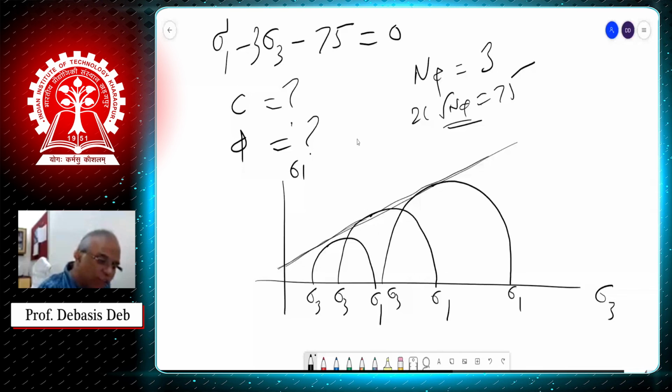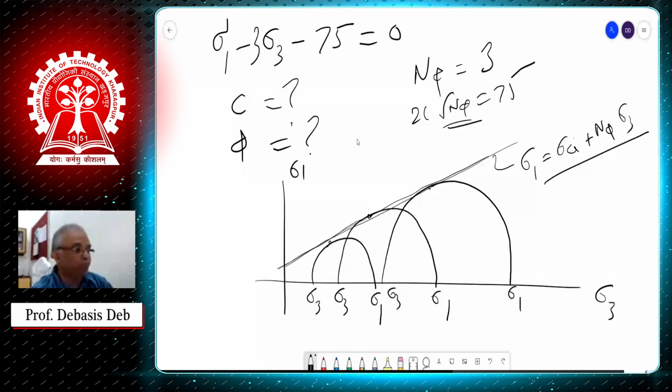So if I now find a common tangent, that should mean that sigma 1 is equal to sigma Ci plus N phi sigma 3. This is what we assume.